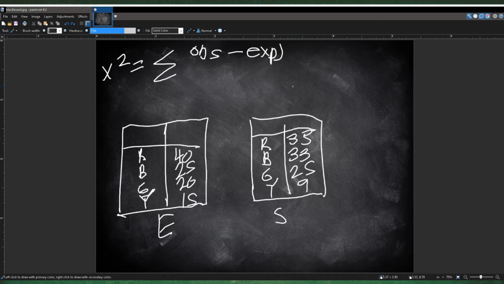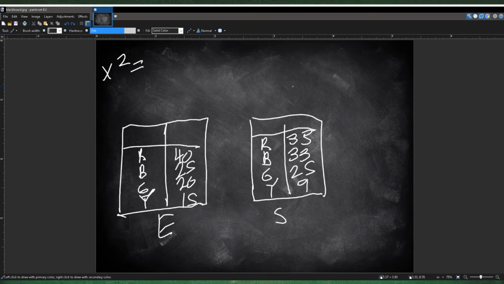So let's do the math on this. We have observed minus expected and square it. So we have 33 minus 40 squared divided by 40 because that's expected, and then you add that to the blue, minus 25, square it, divide by the 25.